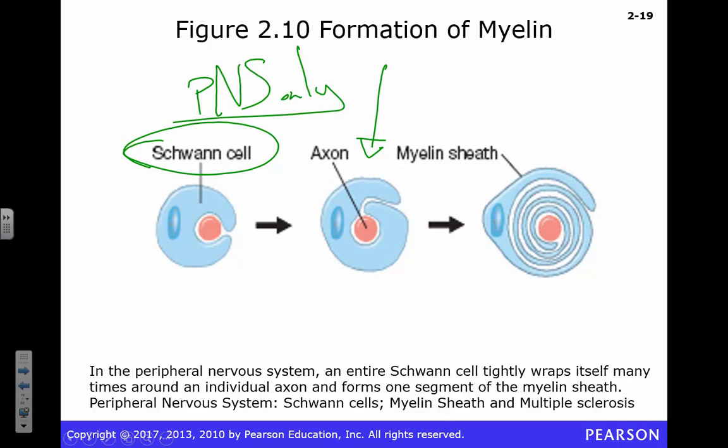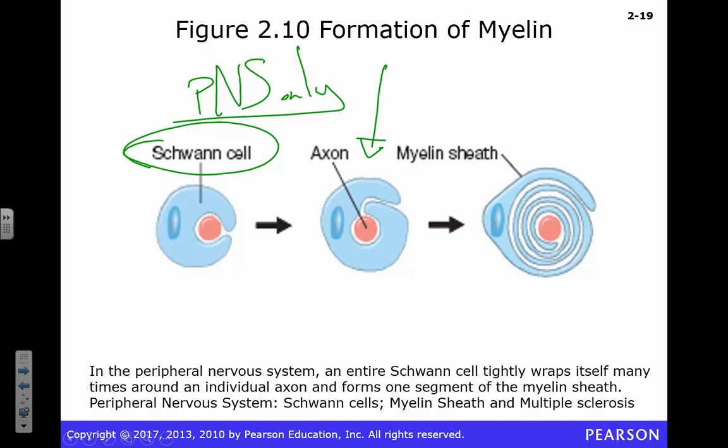Okay? So that's interesting. On top of this is the real kicker, Morgan. This is exciting. Remember that time I said, if there's damage in your central nervous system, forget it. If there's damage in your peripheral nervous system, you can have some recovery. Okay? And that can happen because of your Schwann cells and their capabilities.